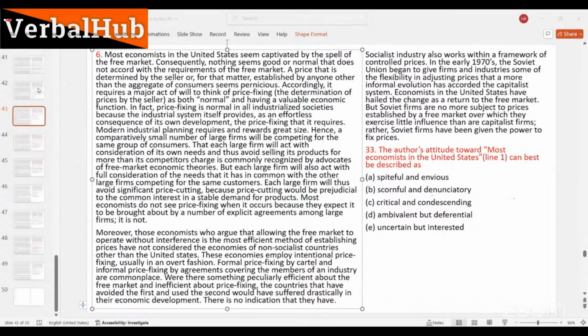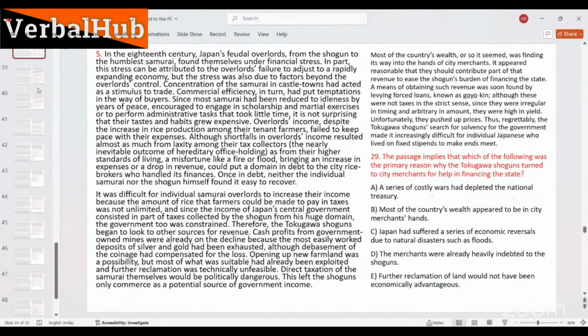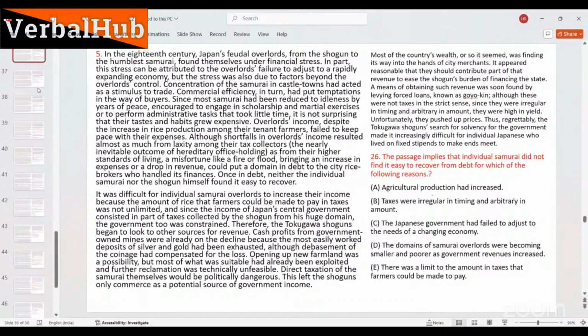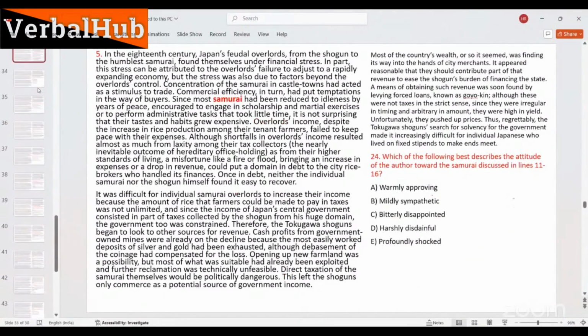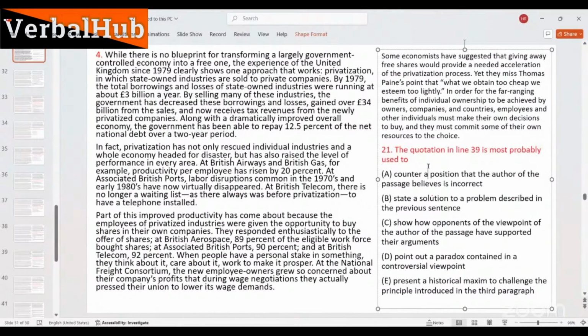It means other questions can be answered directly. Let me find the reasoning one. So look here. The quotation in line 39 is most probably used to... This is called used for what? Line 39 has been used for what?